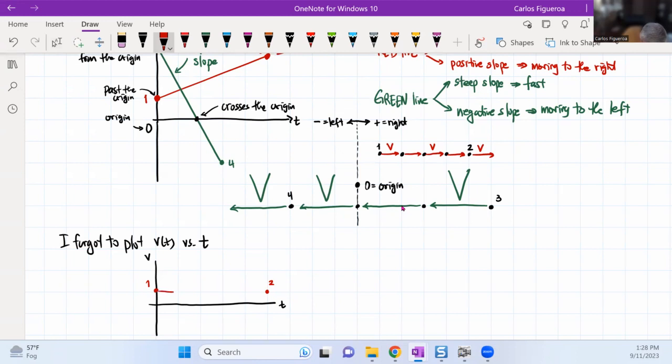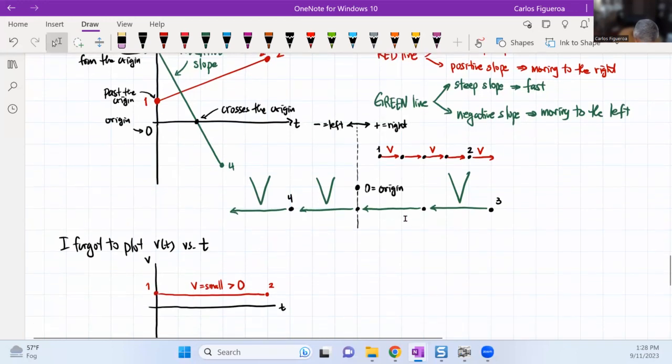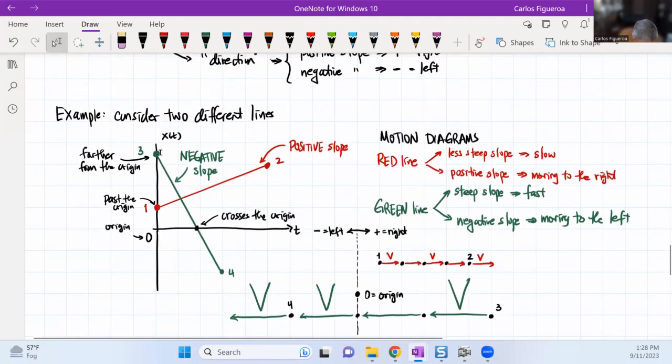That means here, because this is a positive quantity, this v is small and it's positive. That's not true of the green line, right? You can see that the green line is very steep. So if I look at this here, and it's negative, so I have to show that negative somewhere.